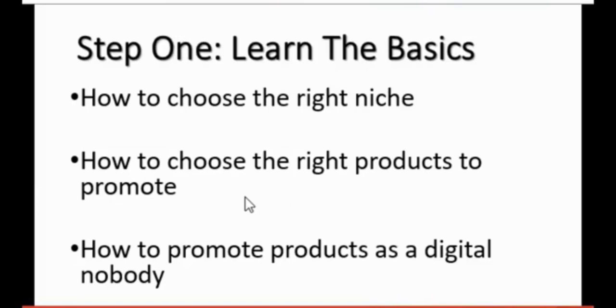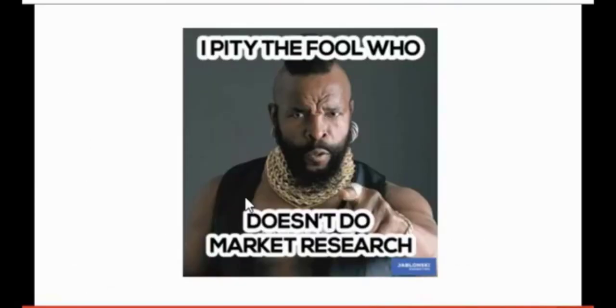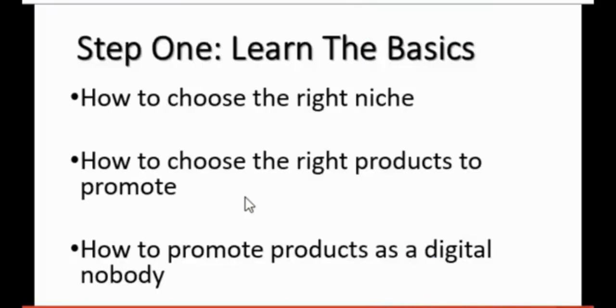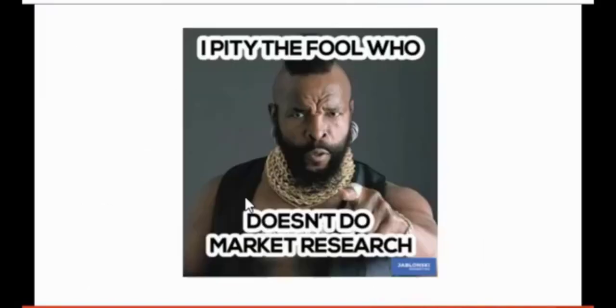So that's what this is really all about. It's about doing some research into what is going to be the best niche for you, how to find the right products to promote, and whether they're actually going to be profitable, and also how to promote these. So people do not go through that process. They seem to skip this out.